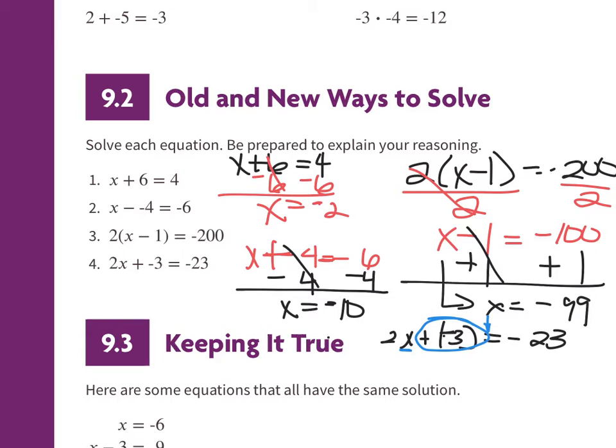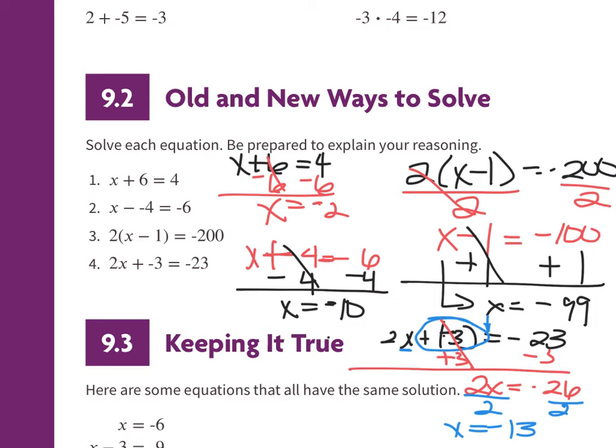So to get rid of a negative, we're going to add 3 to both sides. So negative 3 plus 3 goes away. Negative 23 plus 3 is negative 20, so we have 2x equals negative 20... then to get rid of the 2, we divide both sides by 2, and we get x equals negative 13, okay?